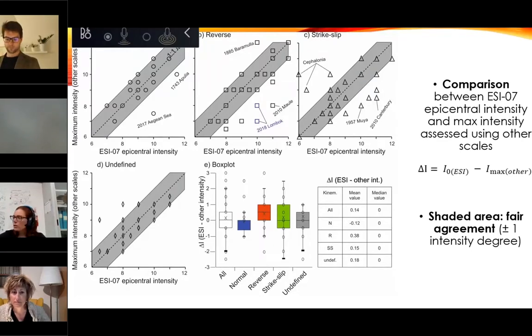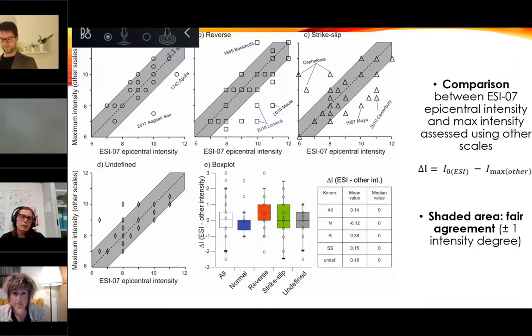Another point that maybe I should have mentioned earlier is that intensity is a classification. So let's say we move, for instance, from degree 6 to 7 to 8. It's not a continuous variable, it's step by step.